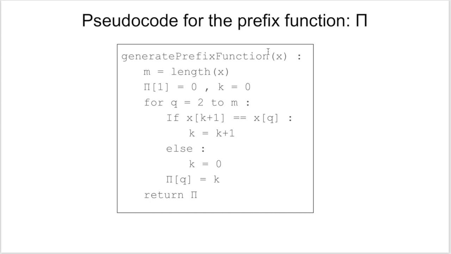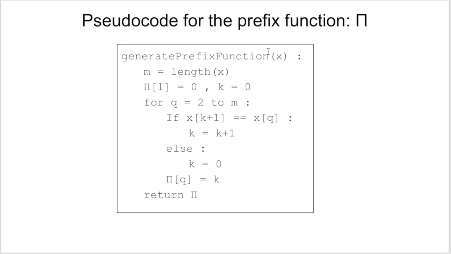The rest of the pseudocode involves comparing one character with the next character, the new character that it sees, and checking, hey, is this contributing to the length of the highest prefix match against the length of the highest suffix match? If it is contributing, then I increment k, otherwise I reset my k to 0. K is then stored in the new index of the prefix array.